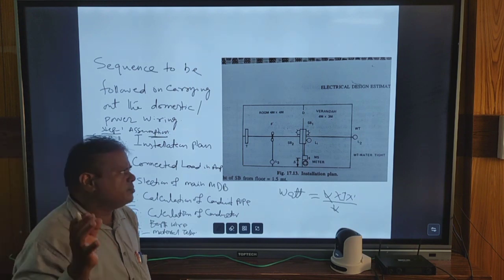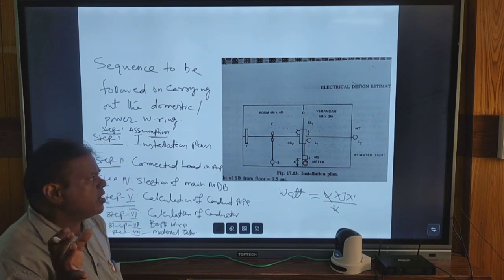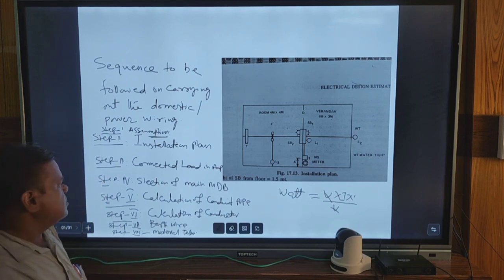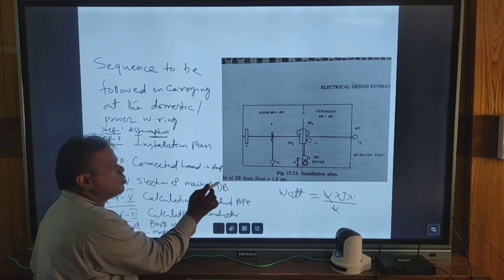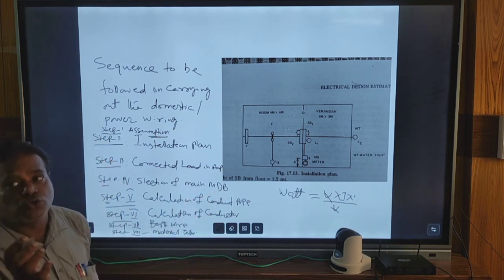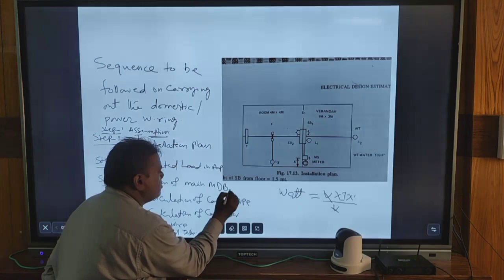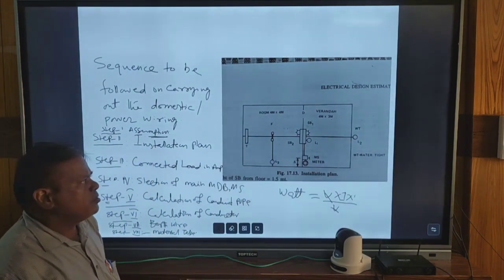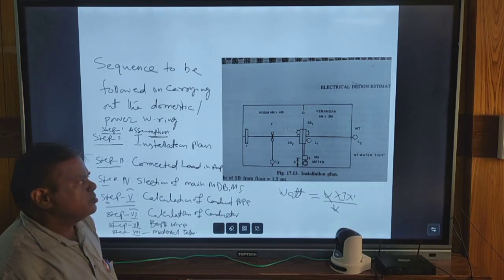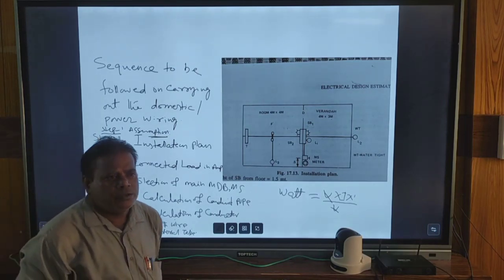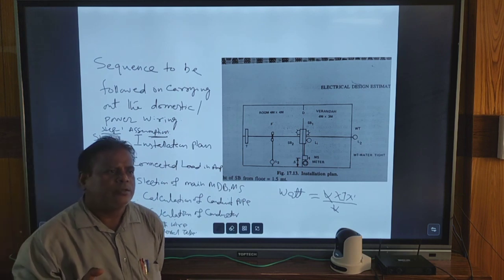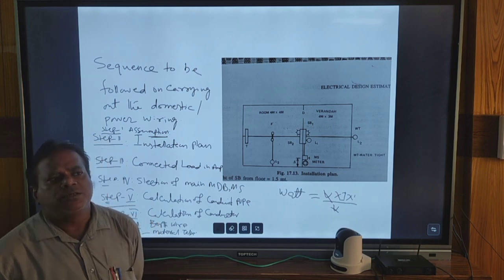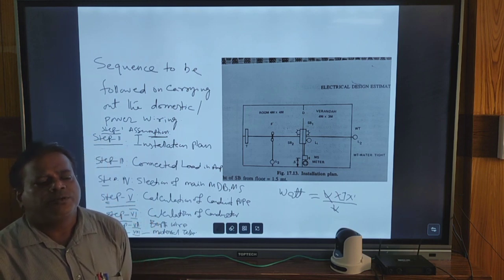So as per that connected load in amperes, we will have to select the main distribution board, that is called the main switch and main distribution board. Suppose the total connected load in amperes is 22 ampere.